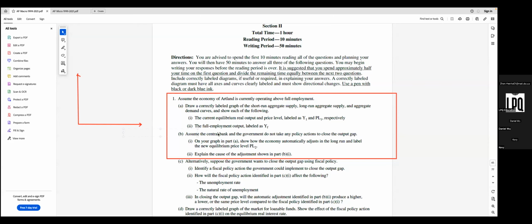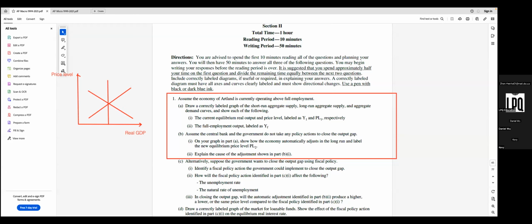So label this one by real GDP again. The horizontal is the price level. You need to have the long run AS, short run AS, and AD.